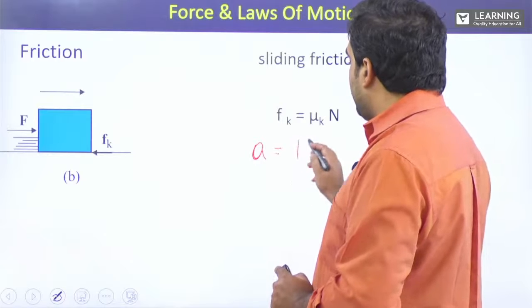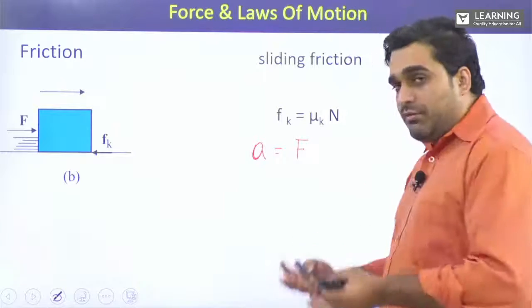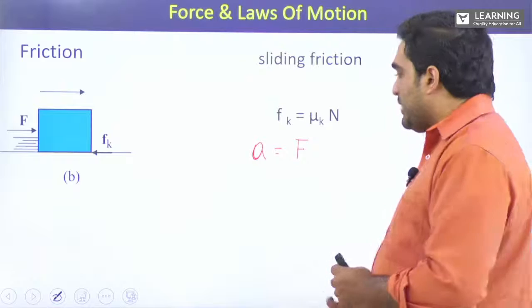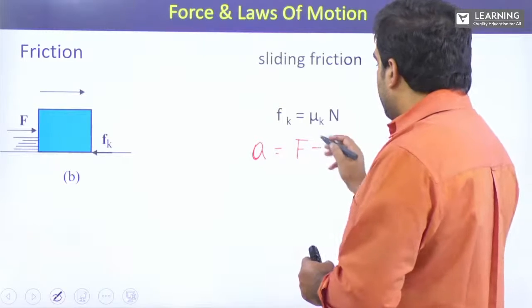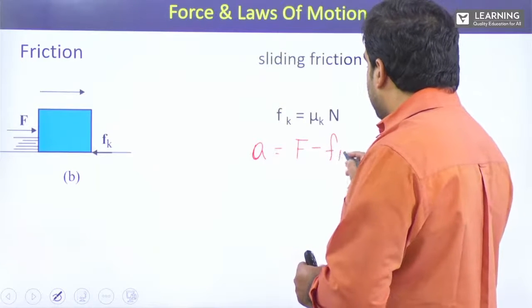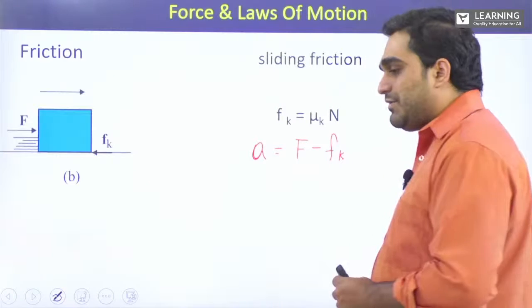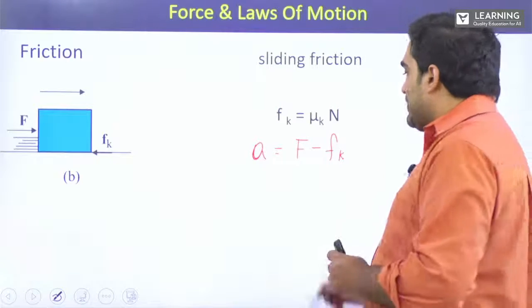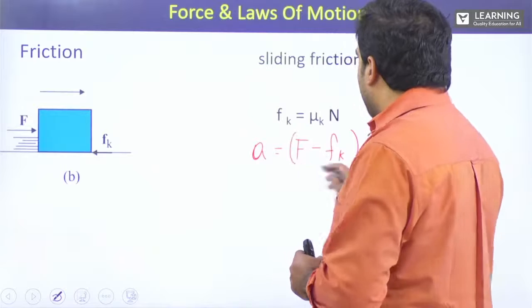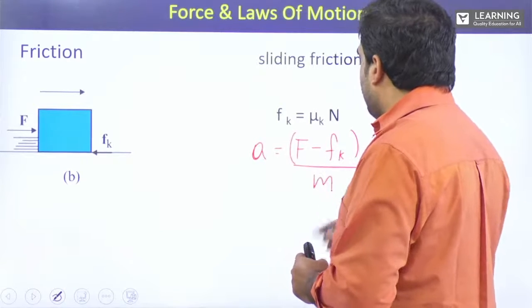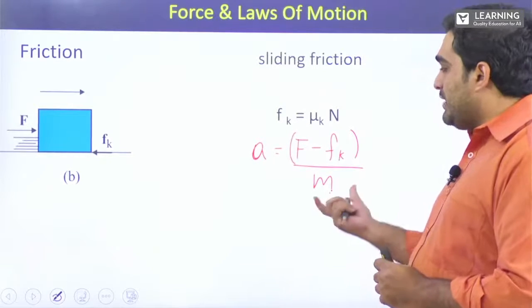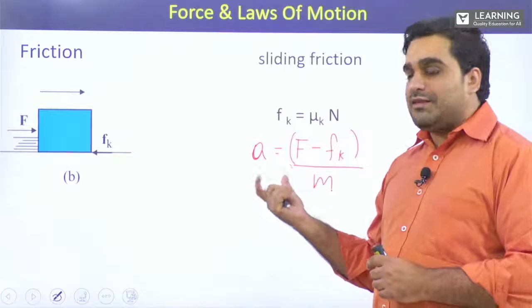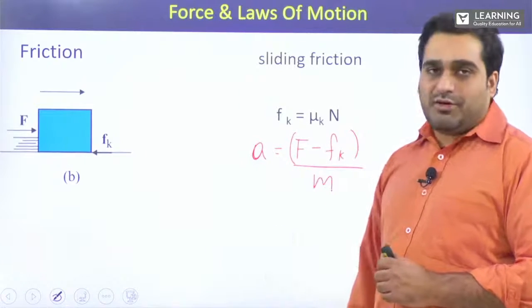Acceleration is equal to the total force applied F minus the sliding friction acting on the object, divided by the mass of the object. This is how you can identify the acceleration of that box.